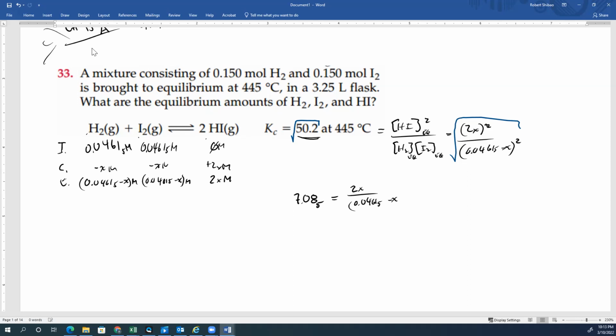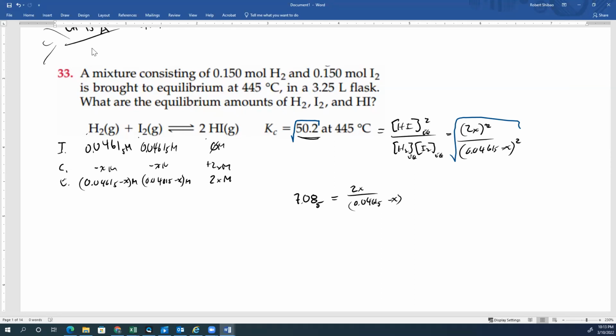And then I'll just cross multiply by this term in the parentheses here. So I'll take my 7.085. I actually have all the digits in my calculator still, so I'm just going to use that and multiply by 0.04615.